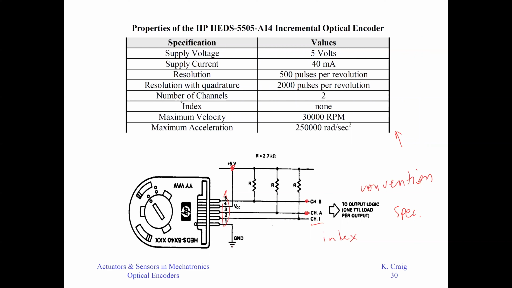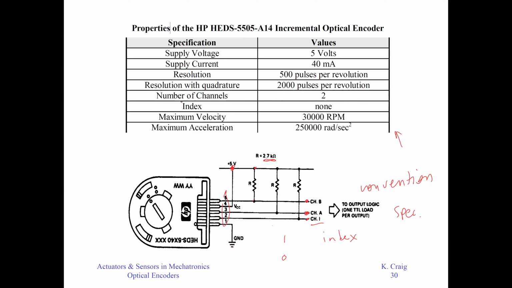So let me introduce you. These are just logic signals, like pulses, 0 and 1. When you connect to the next stage, you probably need to add a circuit like this. You pull out this one, connect to the power supply, and the 2.7K is suggested.